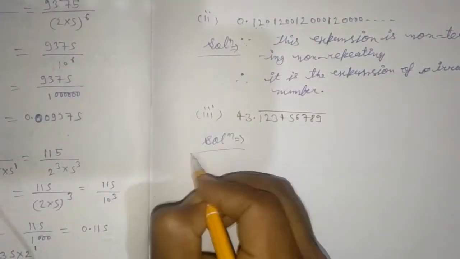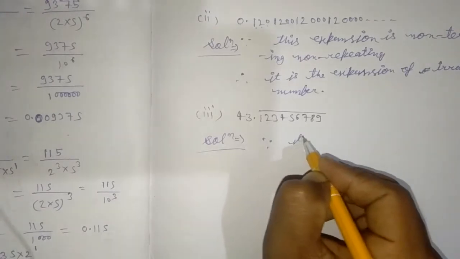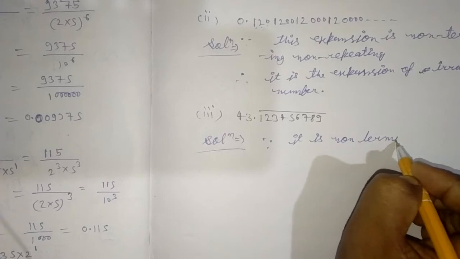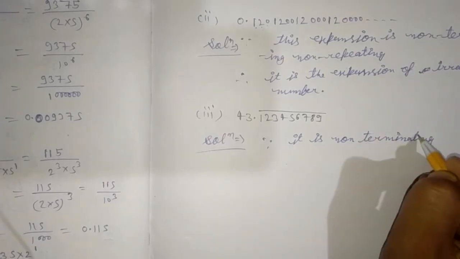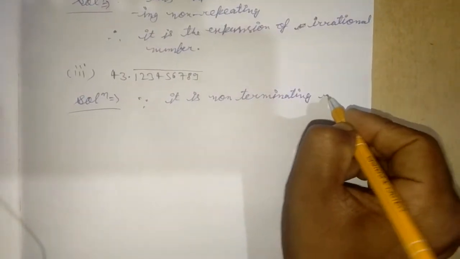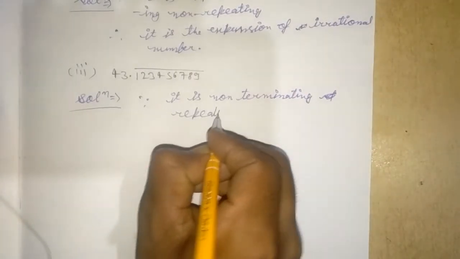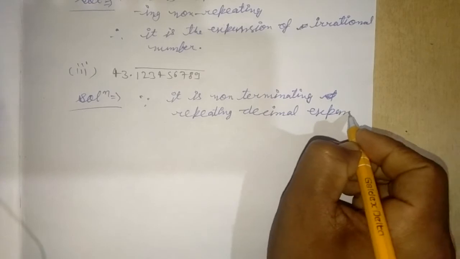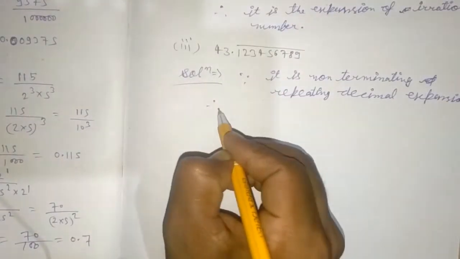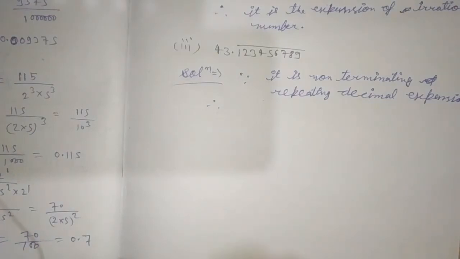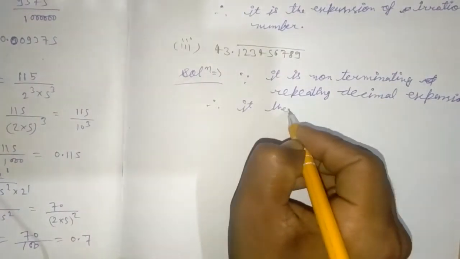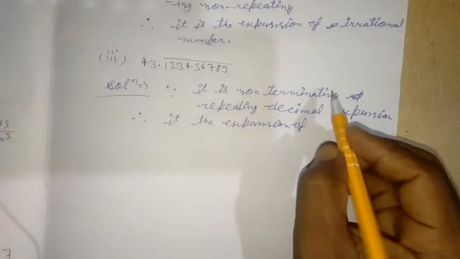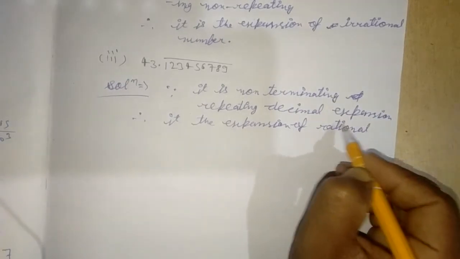Okay, so we write, since it is a non-terminating, repeating decimal expansion, therefore it is the expansion of a rational number.